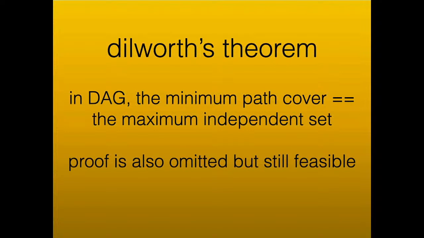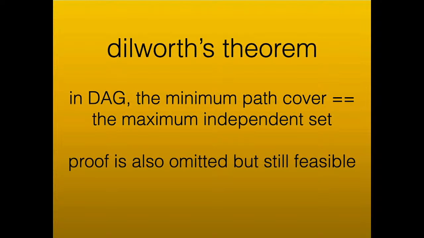And the transitive property has to be satisfied for it to be called a partially ordered set. So in graph terminology, the DAG has to be transitive as well. If there's an edge from U to V and from V to W, then there must be an edge from U to W.